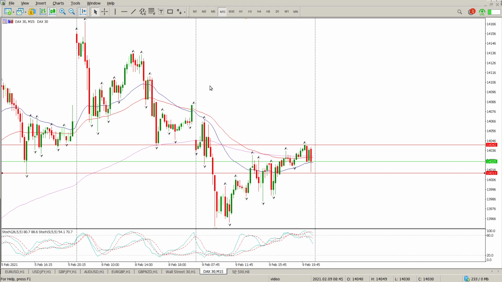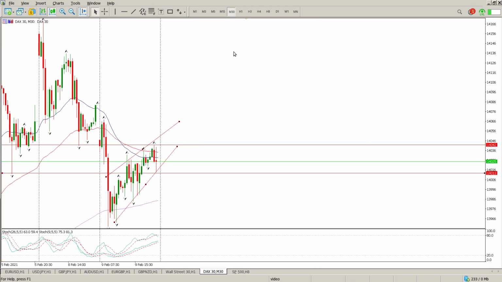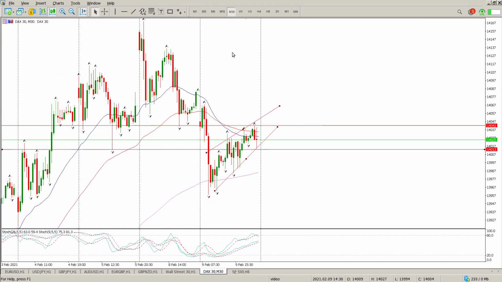I think there's too many things that could go wrong here, and the big one for me at the moment is this little area here. When you start looking at the other time frames, just take a half hour for example, it's a lower high, lower low, lower high.